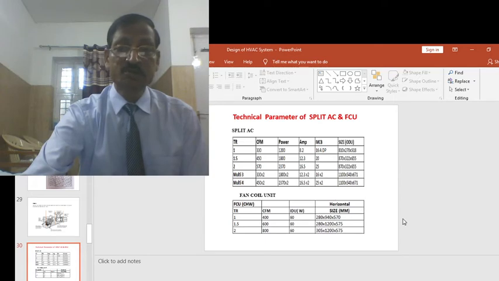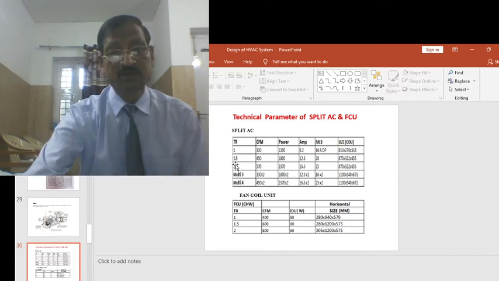Technical parameter for split AC and fan coil units. For split units of various tonnage, 1, 1.5, 2 ton, multi unit. This is the CFM: 330 CFM per ton for 1 ton, for 1.5 ton 450, for 2 ton 560 CFM.